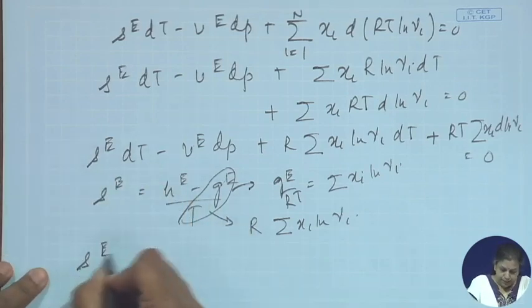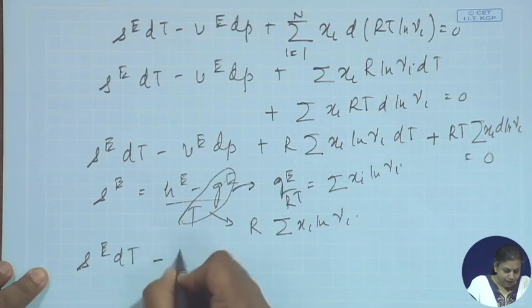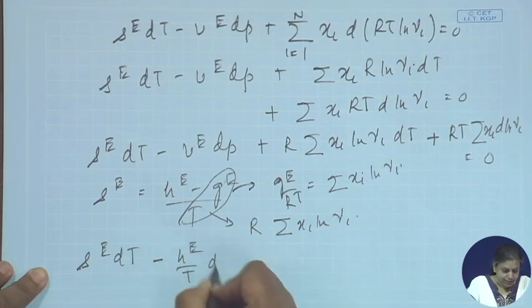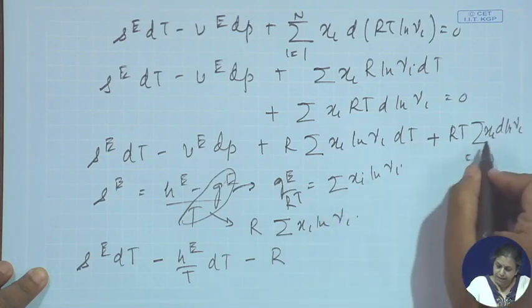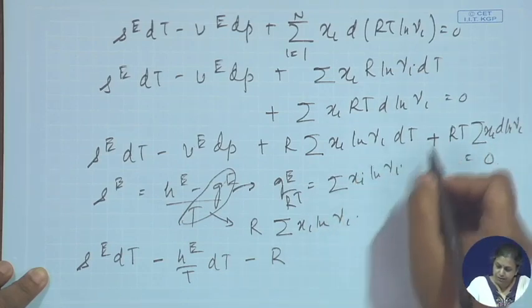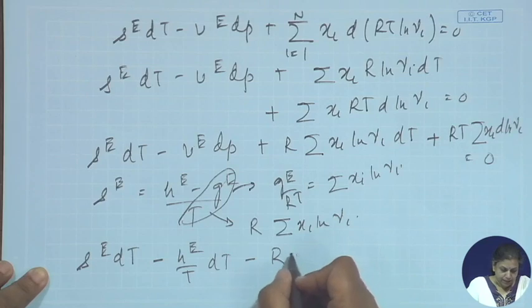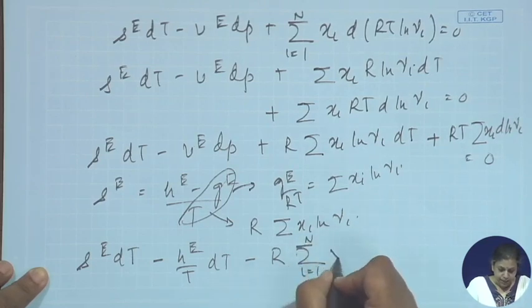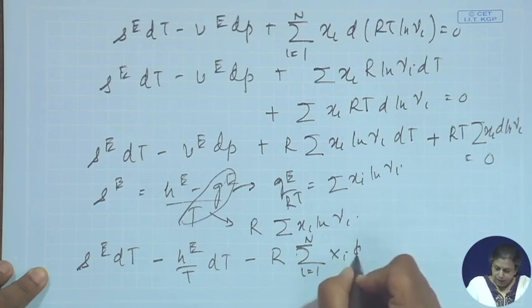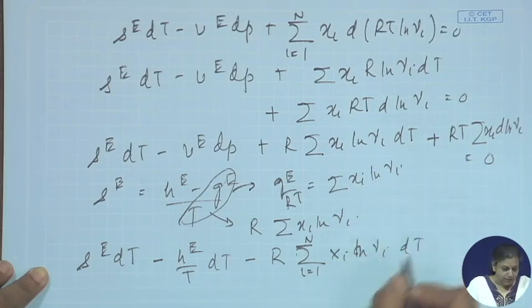Do we not get SE dt minus HE by T dt minus R, then this term and this term they cancel out, and we get minus R sigma i equals 1 to n xi ln gamma i dt.